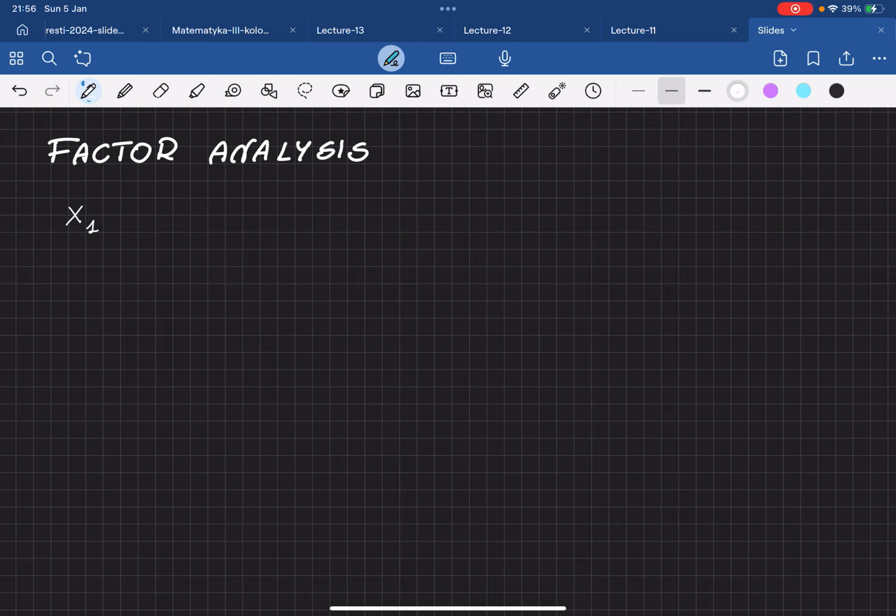Let us call those variables x1 up to xp. These variables can be measured.